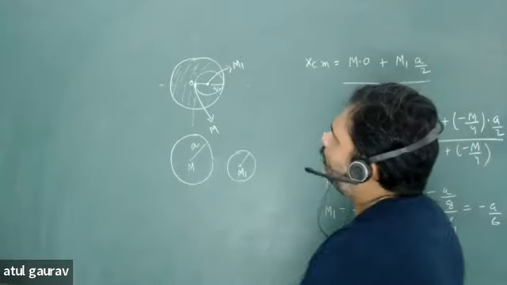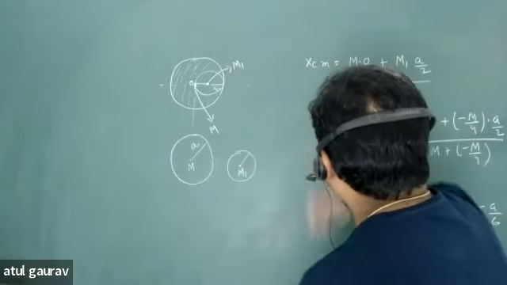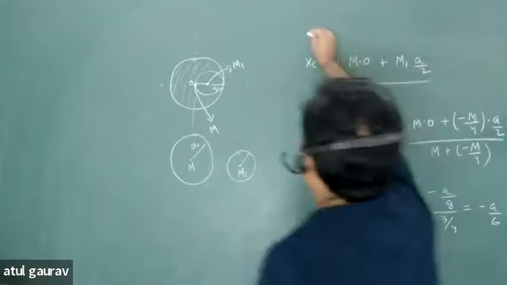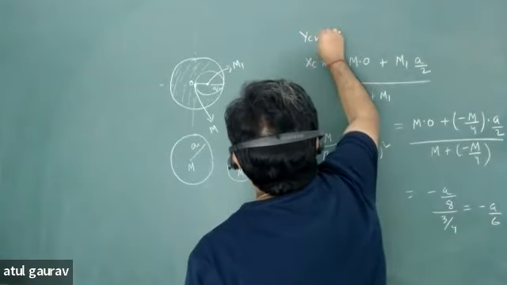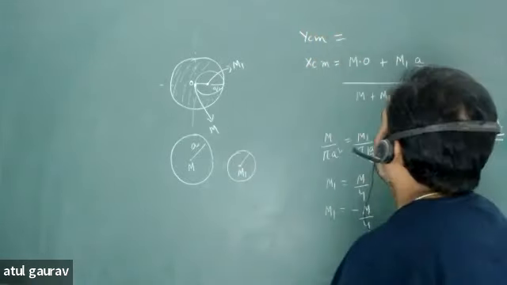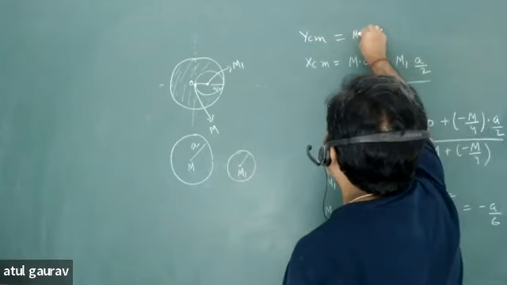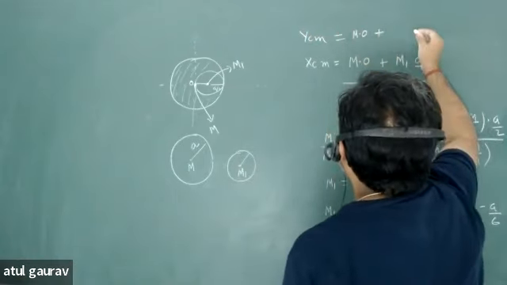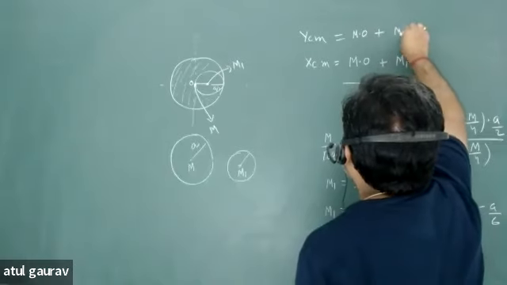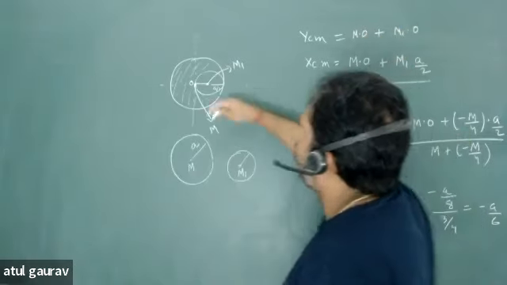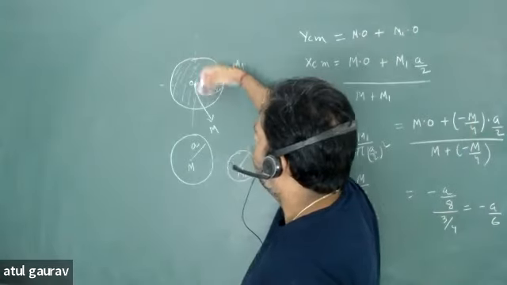So where is your center of mass actually? And what about YCM? Tell me, what will it be? m into 0 plus m1 into 0, because this is not going to shift here, isn't it?